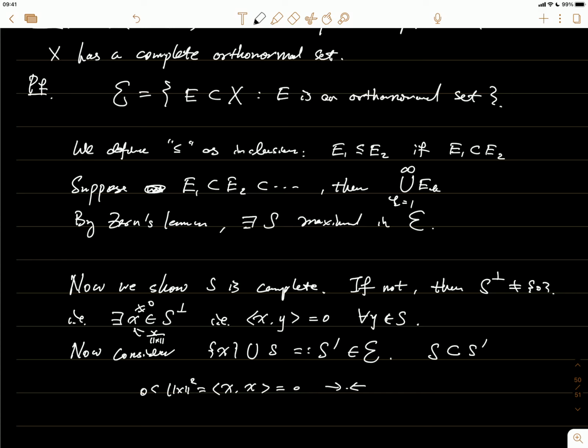So X cannot be in S, so that means this S is actually a proper subset of S prime. That is a contradiction to S being maximal, because this S prime is not less than or equal to S. That's why this is a contradiction to the fact that S is maximal, as we showed here. And this shows that S must be complete.